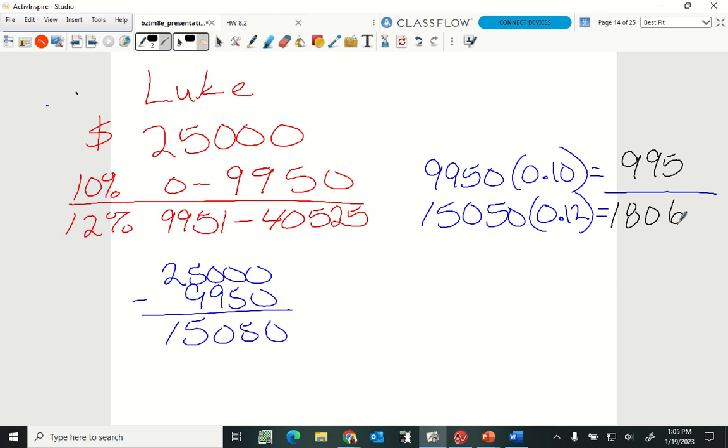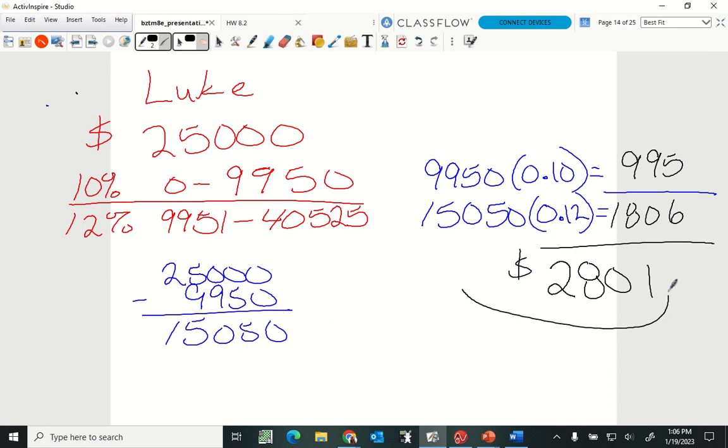The next group, he's going to pay this much. All of our tax code is tiered. So total, Luke is going to pay how much? 2,801. That's how much Luke has to pay.